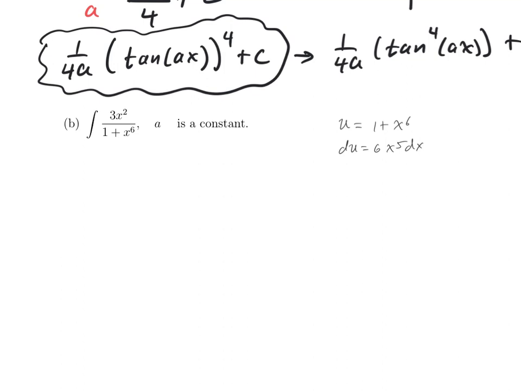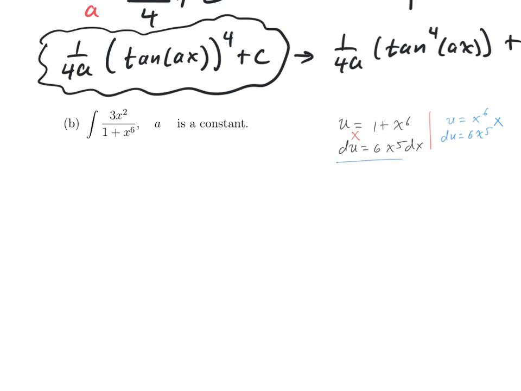So this is not a good choice. Now if you use u equals just x to the 6th, you're going to end up with the same issue. So this is also not going to work. So therefore you have to rethink the strategy.